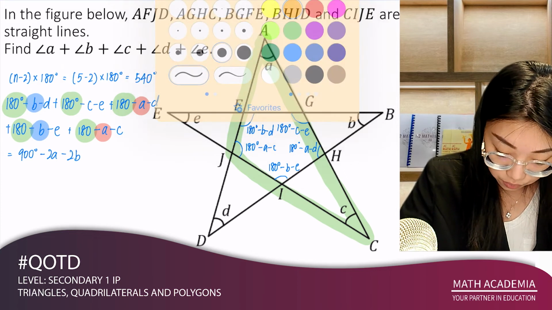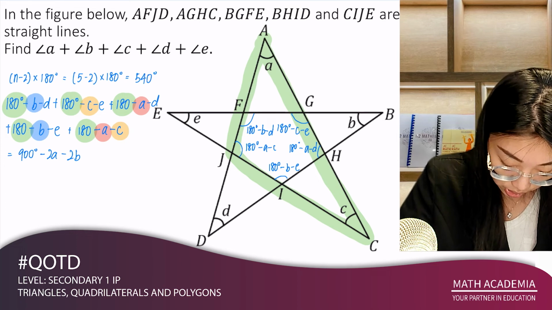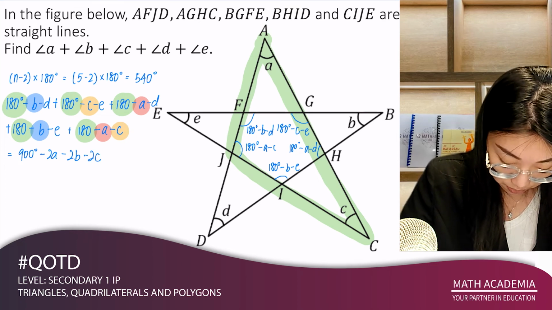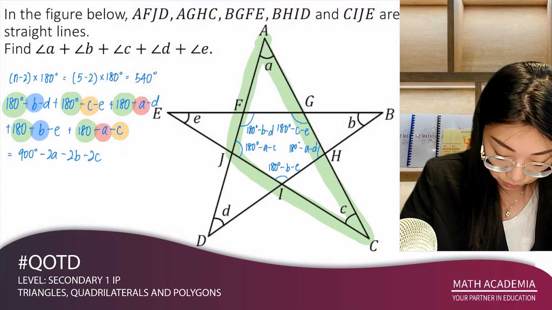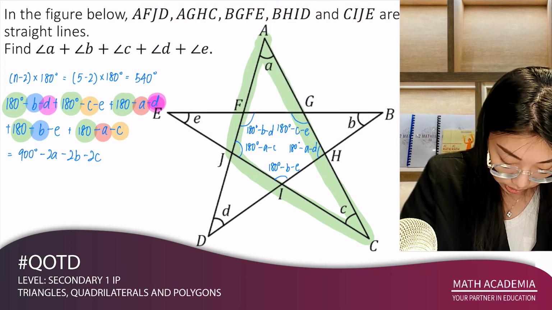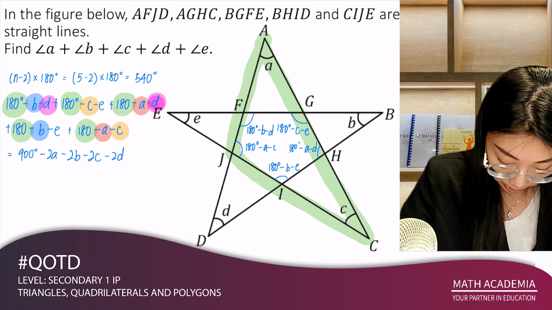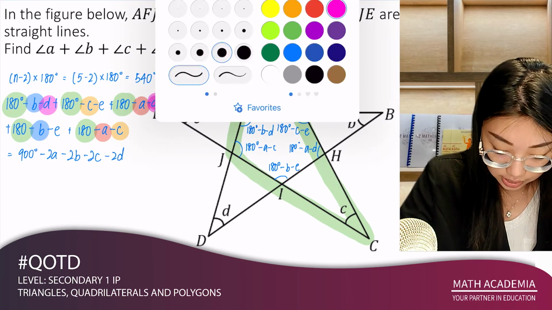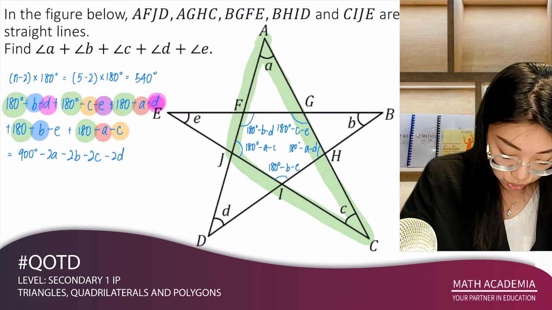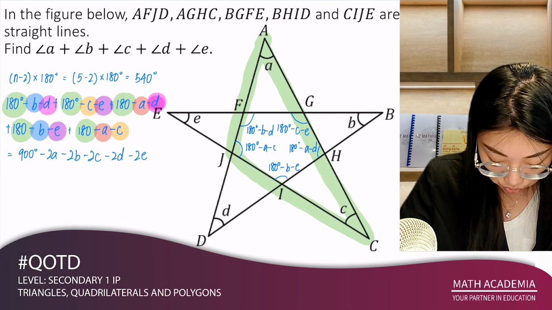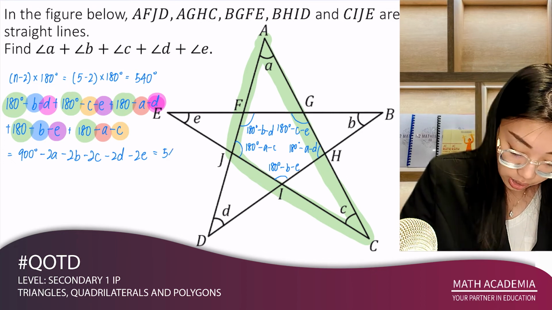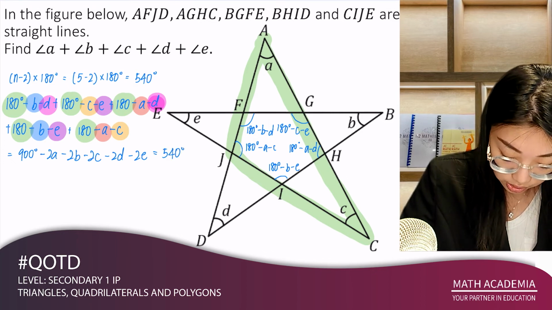I have 2 terms of C, so minus 2C. I would have 2 terms of D, so minus 2D. And lastly, I have 2 terms of E, so minus 2E. So this gives me 900 degrees minus 2A minus 2B minus 2C minus 2D minus 2E.